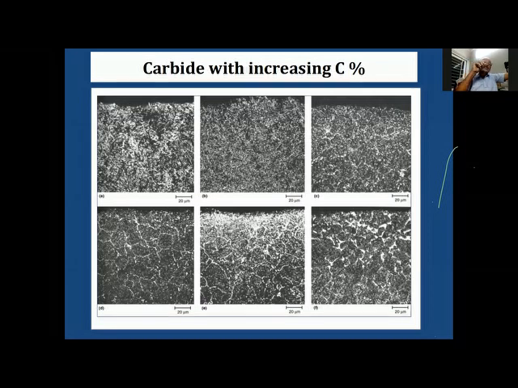The fourth one shows distinct formation of carbide platelets along the grain boundaries. The next one has a fair amount of network carbides, and the last one has heavy carbides with network.